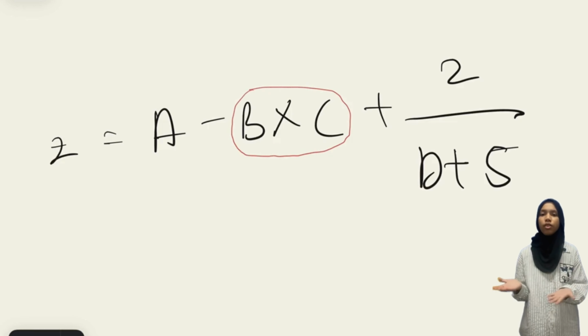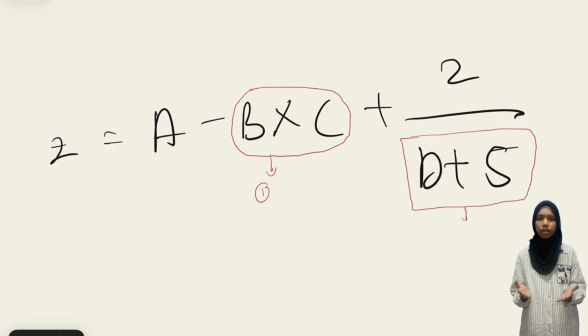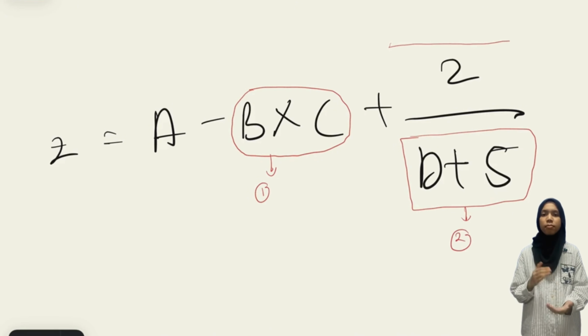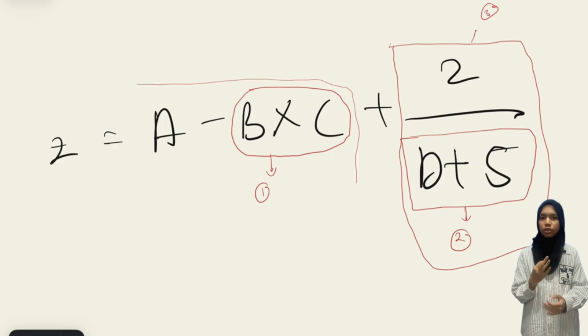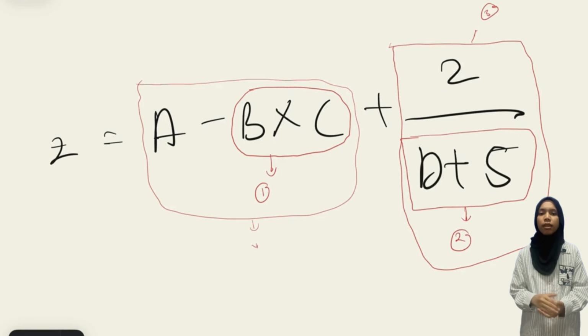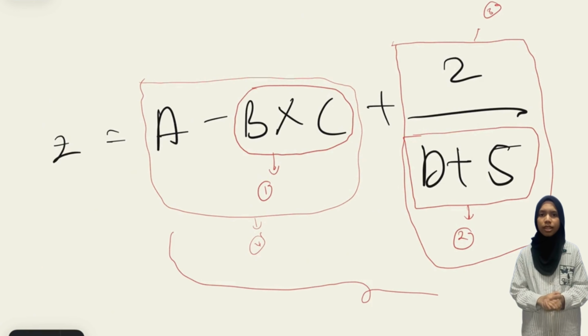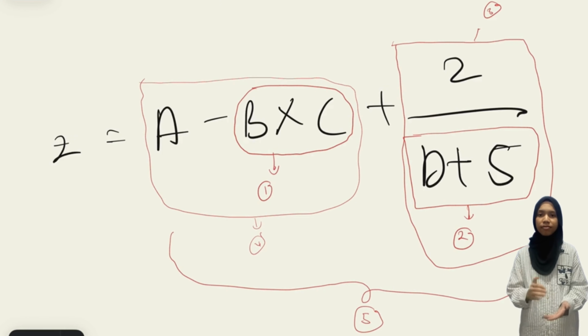For this question, we first determine the groups of the operators. The first group is B mod C. The second group is D plus 5. The third group is 2D times (D plus 5). The fourth group is A minus B times C. Finally, the fifth group is A minus B times C plus 2D times (D plus 5).